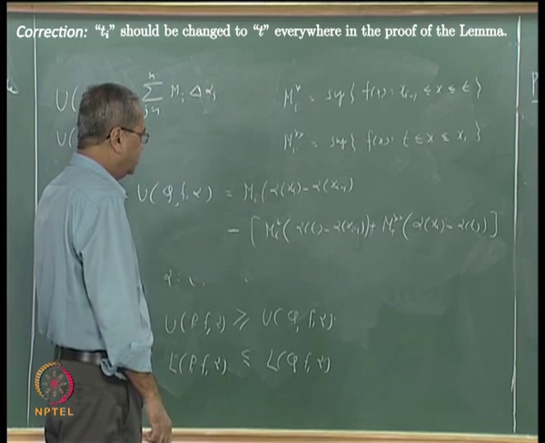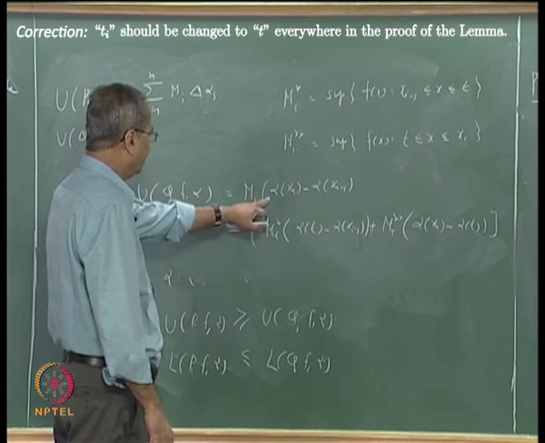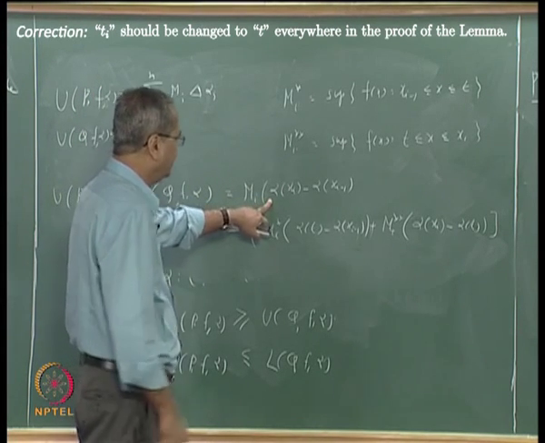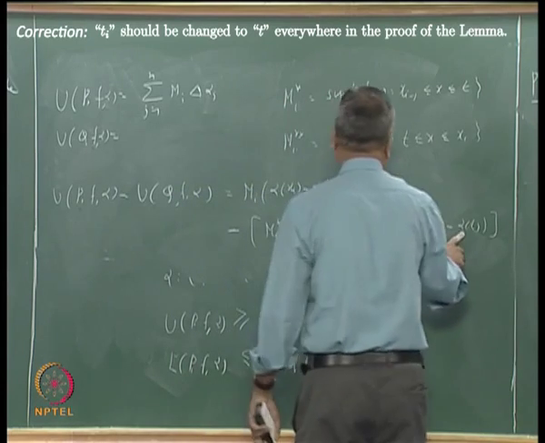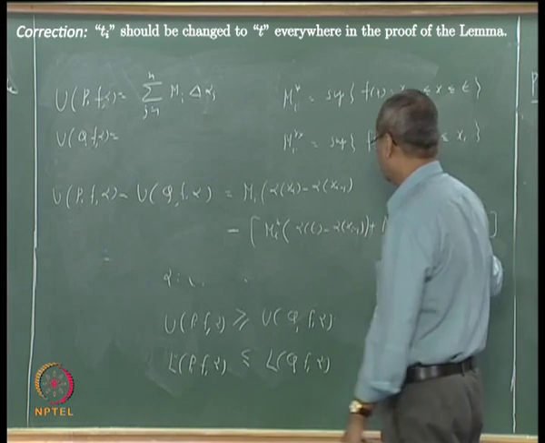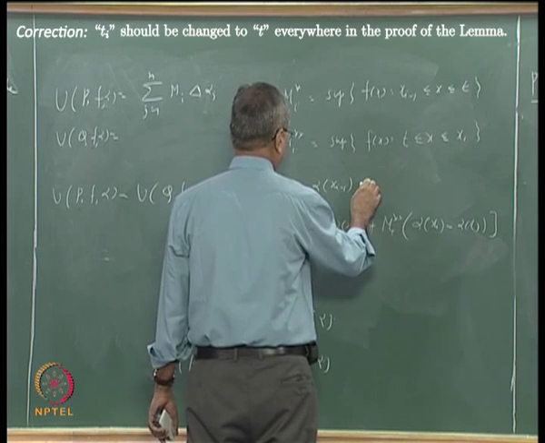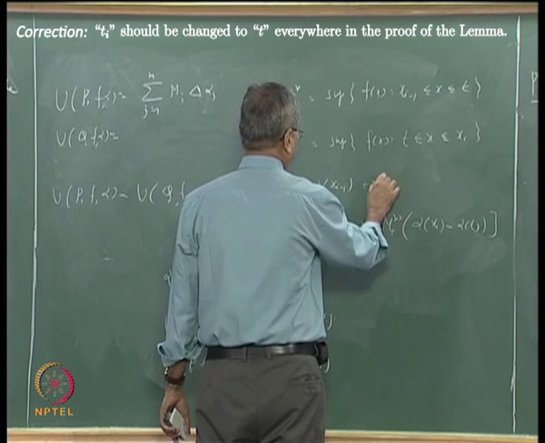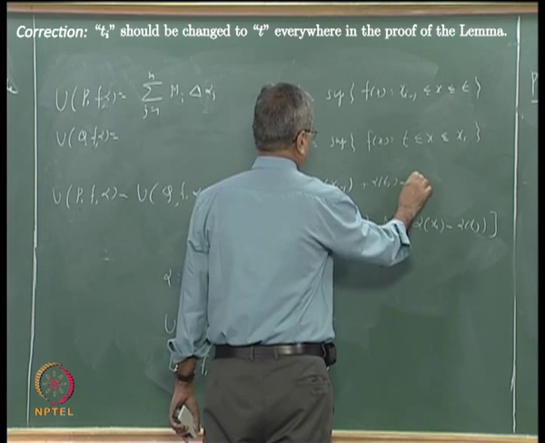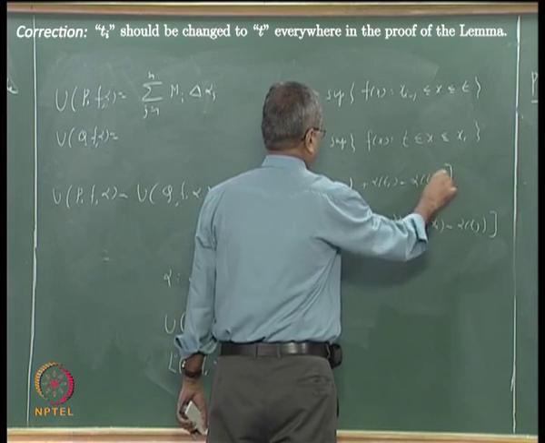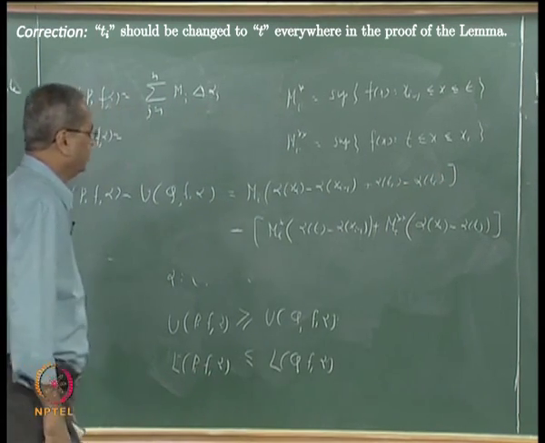Now what we can do here is write this same thing by adding and subtracting the term alpha(t). I can write this as alpha(x_i) minus alpha(x_{i-1}) plus alpha(t) minus alpha(t).